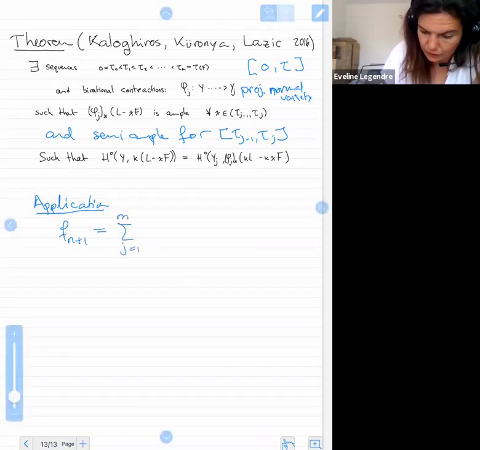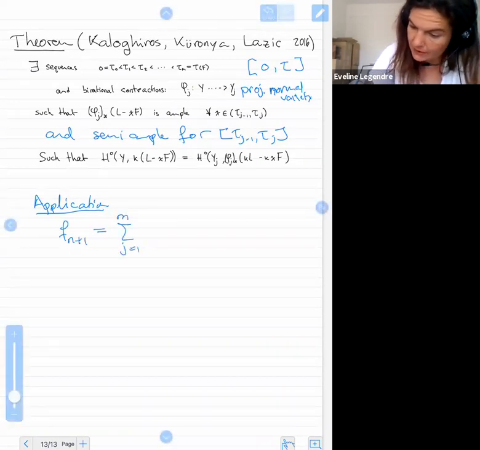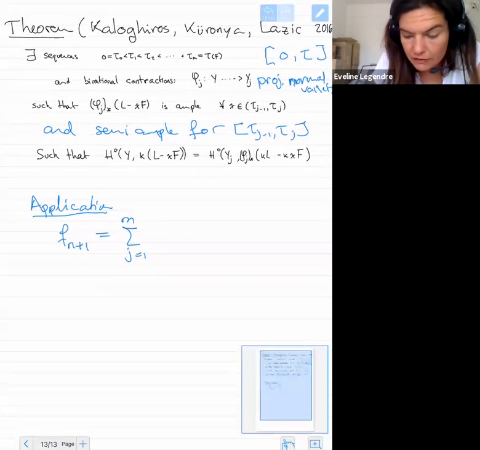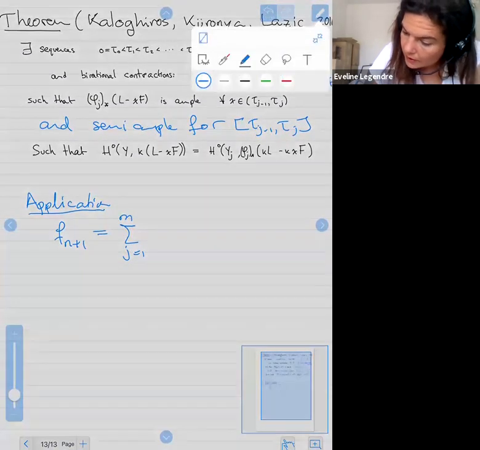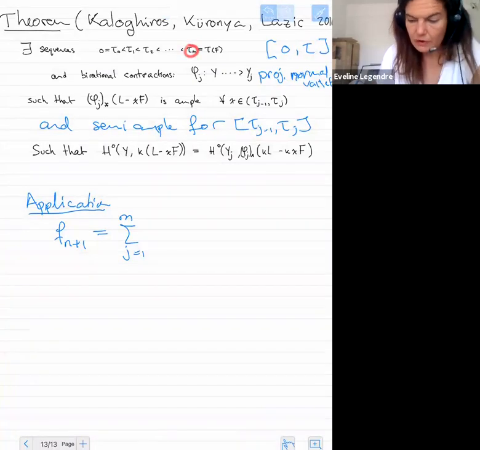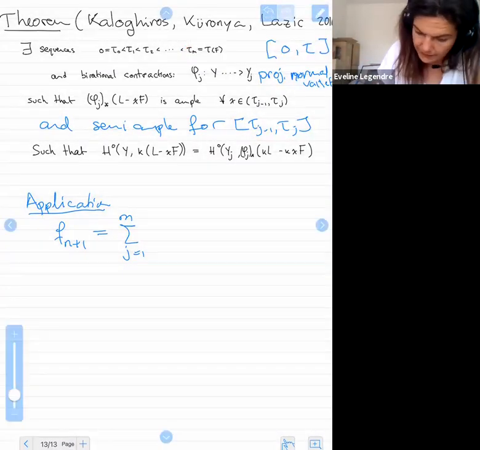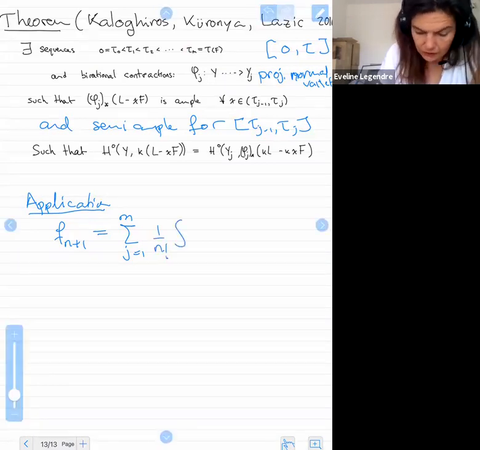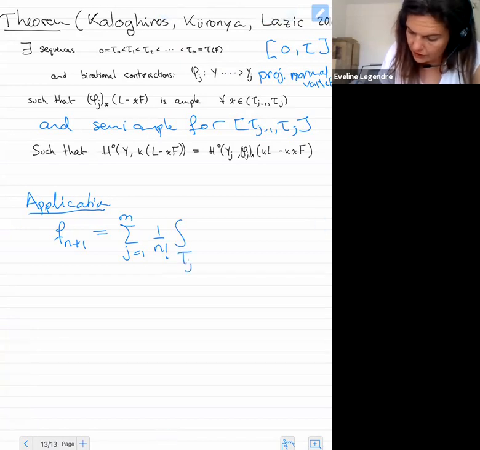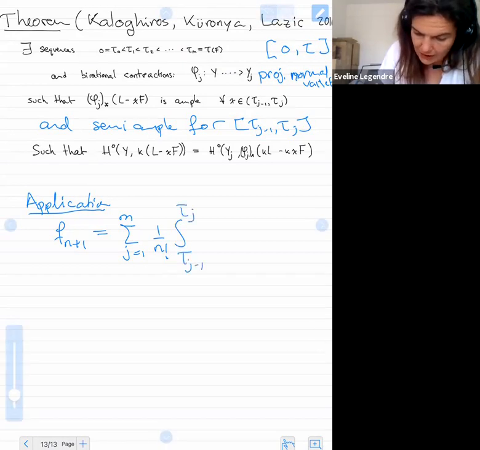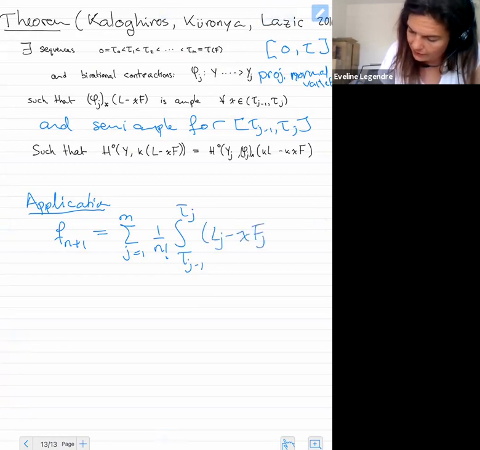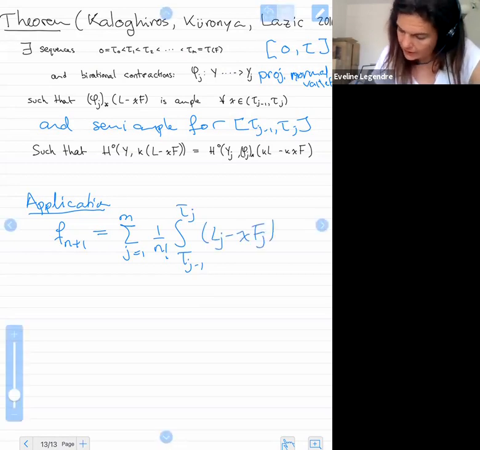Sum over j equal to 1 to m, where m is the number of partitions you have. We need 1 over n factorial, integral from tau_{j-1} to tau_j of (L_j minus xF_j) to the n, dx.